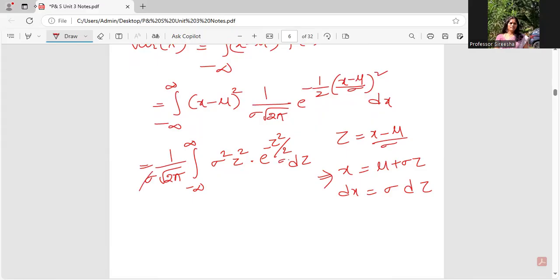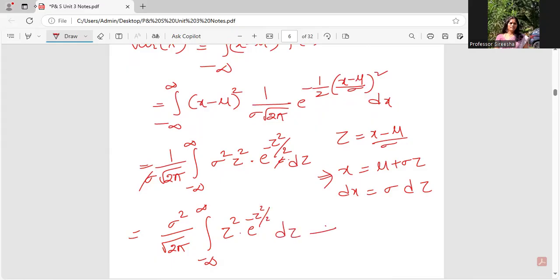So this sigma and this sigma go off, right? Let me rewrite it once again. Sigma square can be taken out, by root 2 pi, integral minus infinite to plus infinite z squared into e power minus z squared by 2 dz.